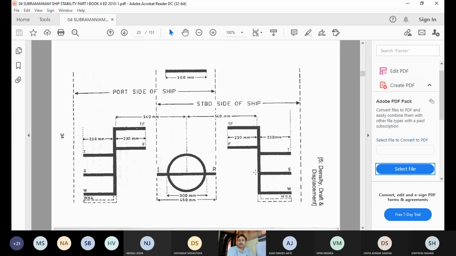Summer. Yes. How much will you load at Haldia so that you finally arrive at Chennai with a summer mark?